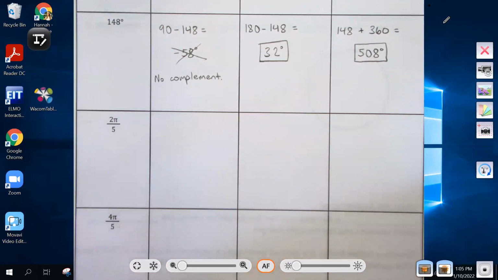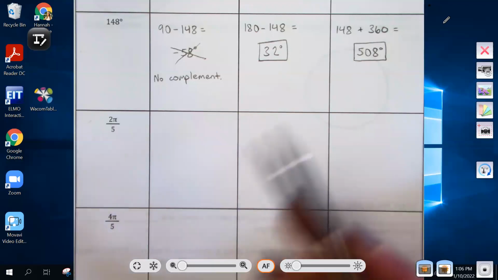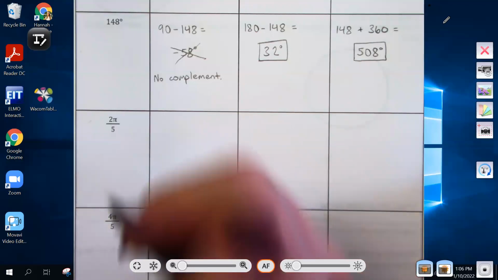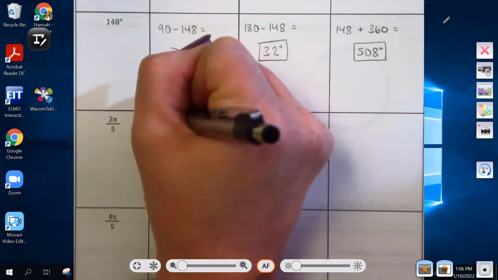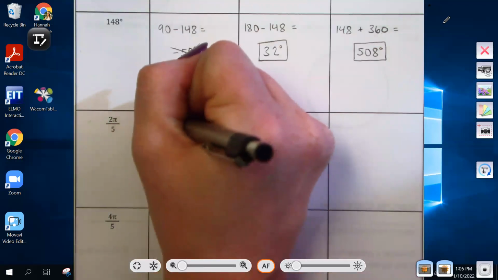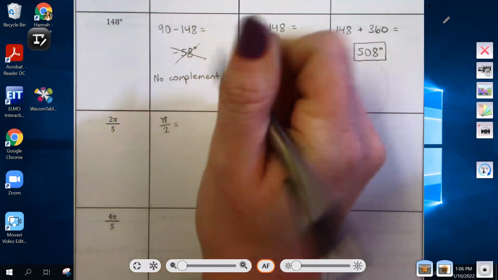Okay, the next one, we're looking at radian measures now, 2 pi over 5. So how do we find the complement? What is 90 degrees in radians? Pi over 2. Pi is 180 degrees.